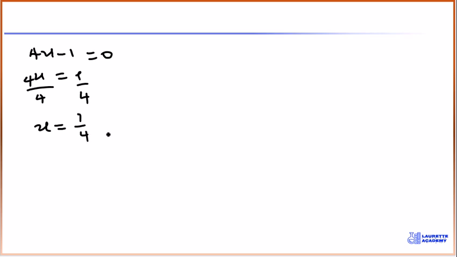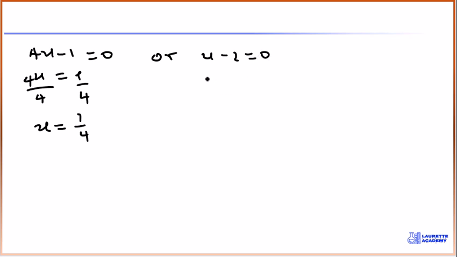So we have that 4u minus 1 is equal to 0. We add 1 on both sides to have 4u equals 1. We divide both sides by 4, and so u is equal to 1/4, or u minus 2 equals 0.